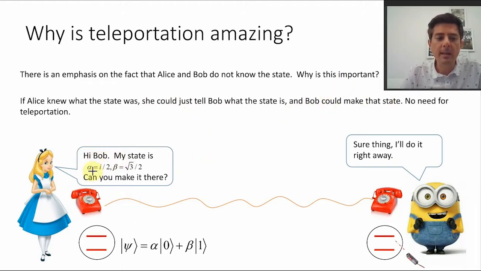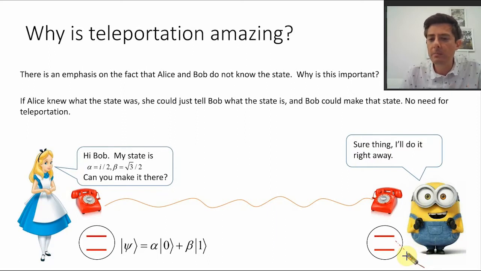My state is alpha, i over 2 beta, square root of 3 over 2. Can you just go and make it where you've got your qubit?" And then Bob says, "Sure, I'll just do that." Bob goes and shines some lasers on it, makes that state.